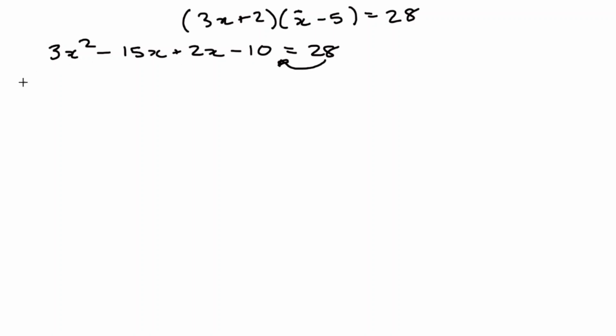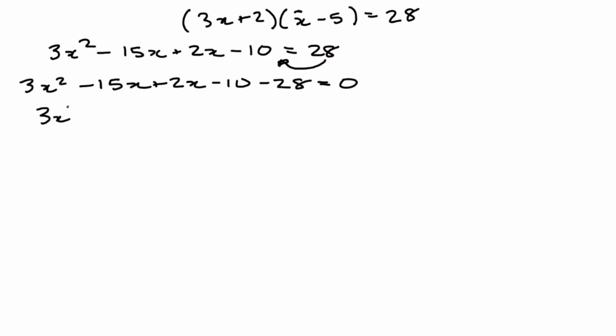So we would have 3x squared minus 15x plus 2x minus 10 minus 28 equals 0. Now we can simplify this, so that becomes 3x squared minus 13x minus 38, which is equal to 0.